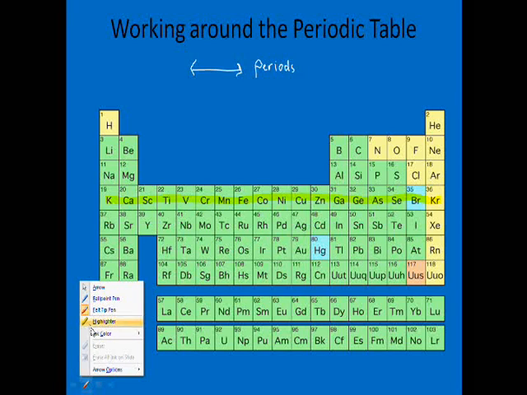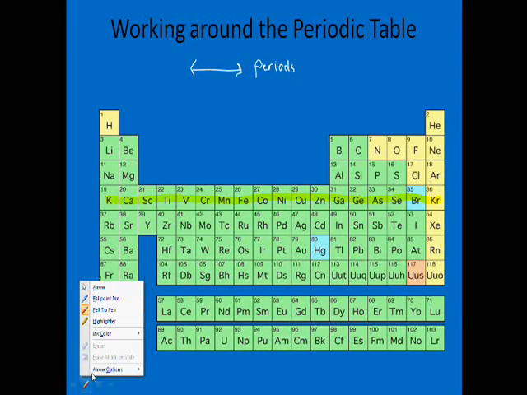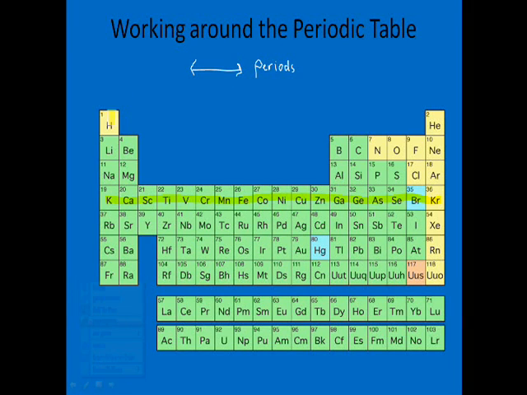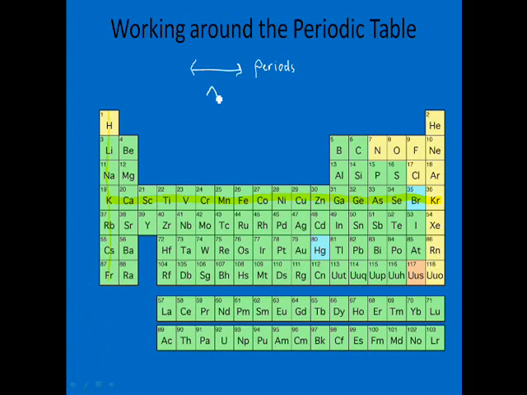The periodic table, as you notice, also is arranged in 18 vertical columns from top to bottom. If we just take this very first group here, and from top to bottom, vertically speaking, we call these groups.